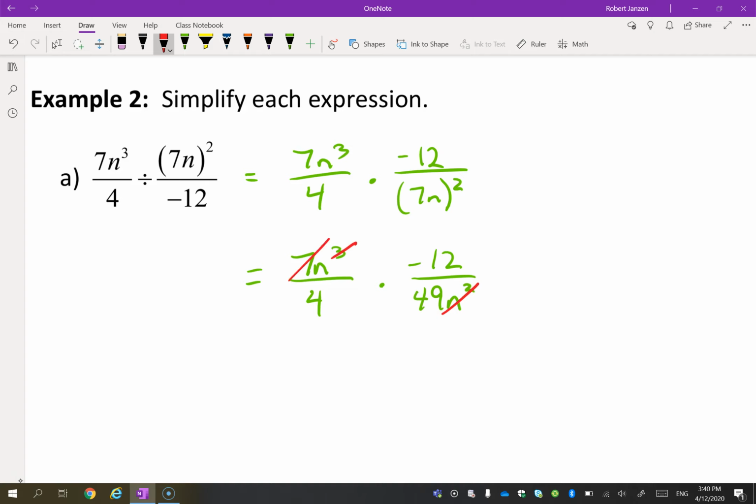Yes, I can divide a 7 out there, and if I divide out 7 here, I'm left with 7. And if I divide 12 and 4 by 4, I get 3 here. So, multiplying across the top, the 7's been cancelled. I have an n, and I have negative 3, so negative 3n. Here I have 1 times 7, that's it.